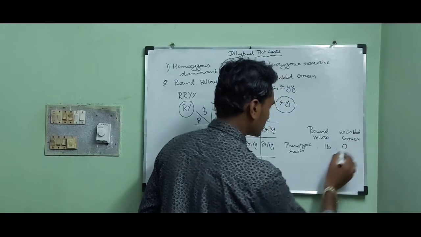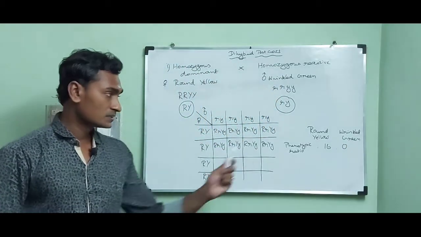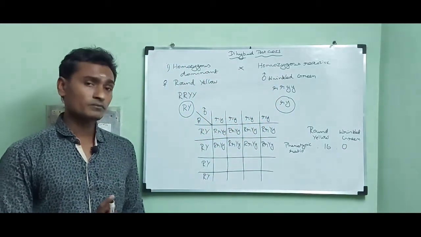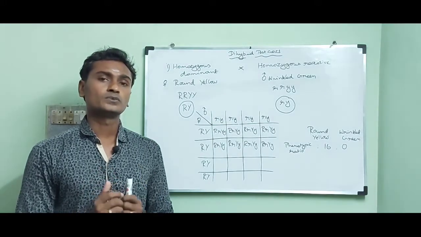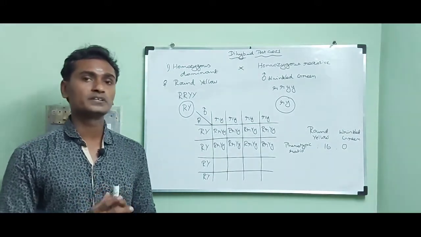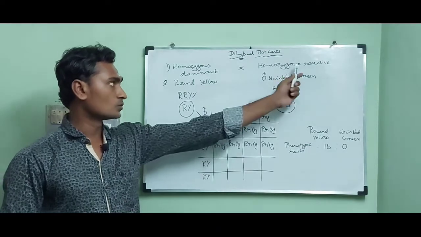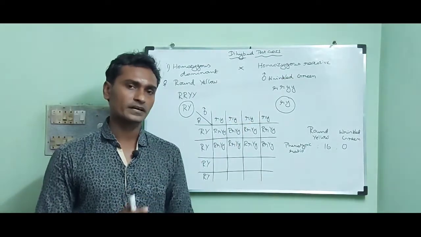This is the ratio we get when a homozygous dominant parent is crossed with a homozygous recessive parent.